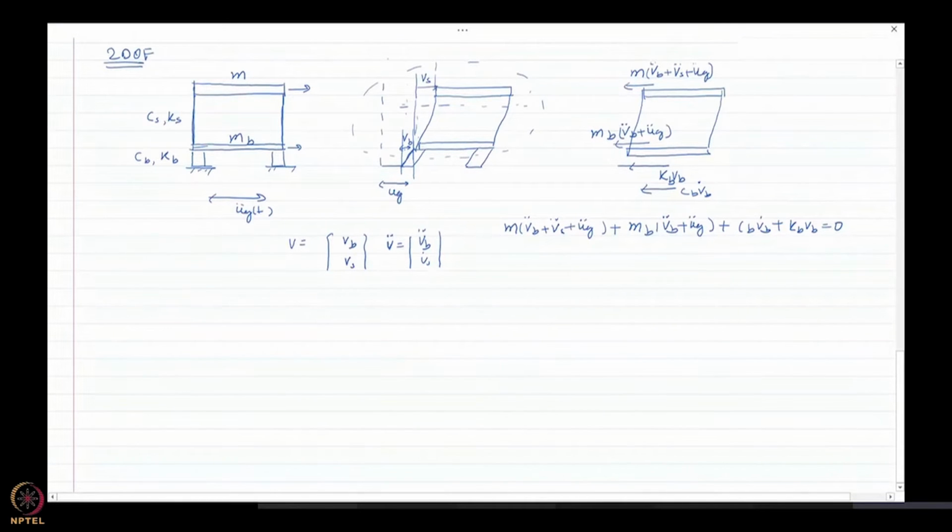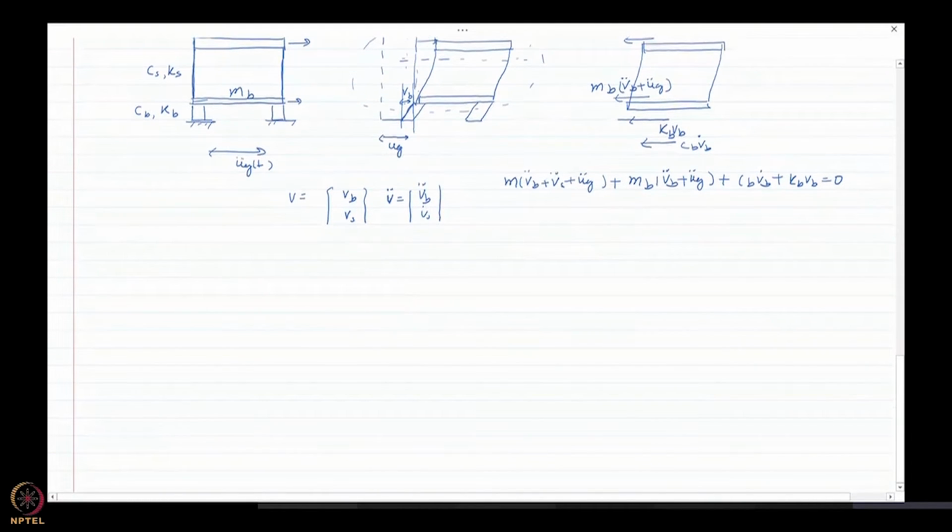Now let us just isolate and draw the free body diagram of the superstructure. If you consider the superstructure, it would have the pseudo inertial force opposite to the direction of excitation, which would be M (Vb plus Vs) double dot, because this is the total displacement and we are differentiating it twice.